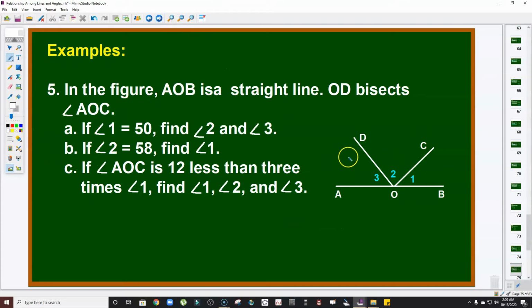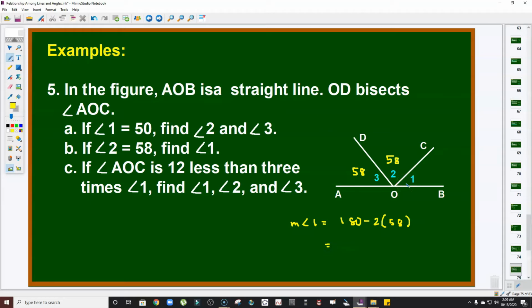Letter B. If angle 2 is 58, what is angle 1? Take note, hindi na binigay. OD is still the angle bisector. Kung 58 yan, 58 din si angle 3. So, therefore, the measure of angle 1 is just equal to 180 minus twice angle 2, which is 58, since angle 2 and angle 3 are equal.